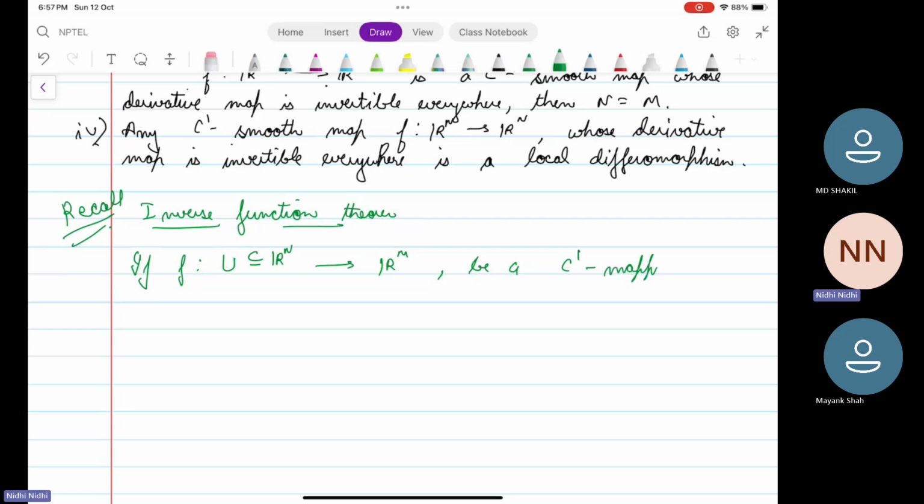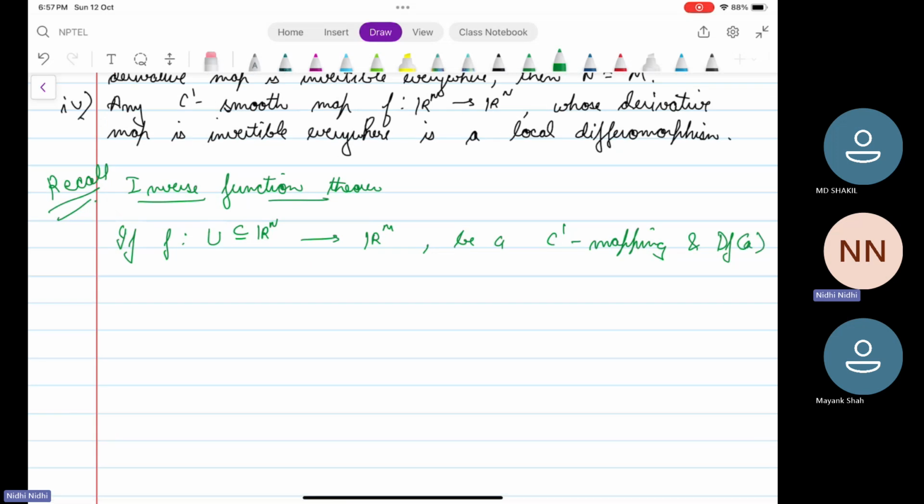C1 means it's differentiable everywhere and the derivative is continuous as well. So that means Df at a is well defined. And moreover, if this Df at a is invertible, then we have the following.